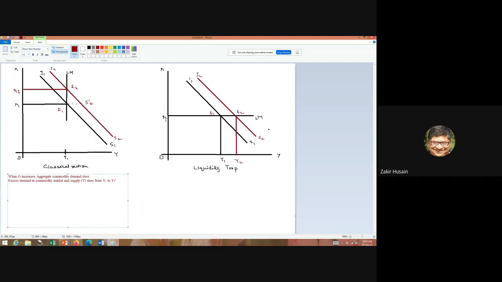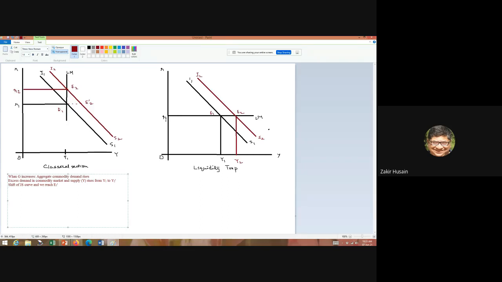So we move to a new IS curve. There's a shift of the IS curve and we reach E prime 2 on the new IS curve, right?